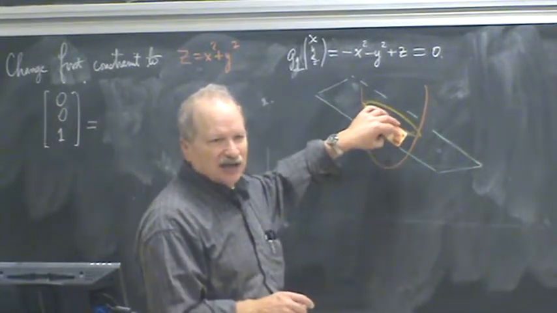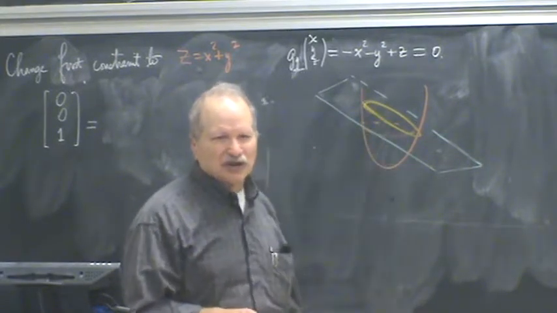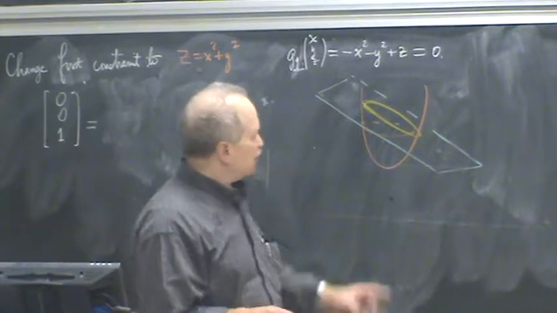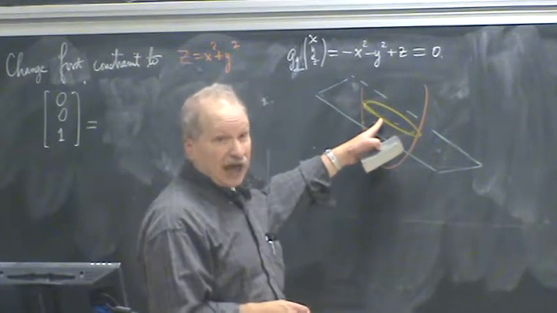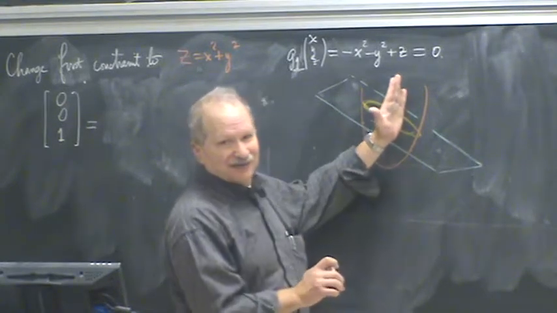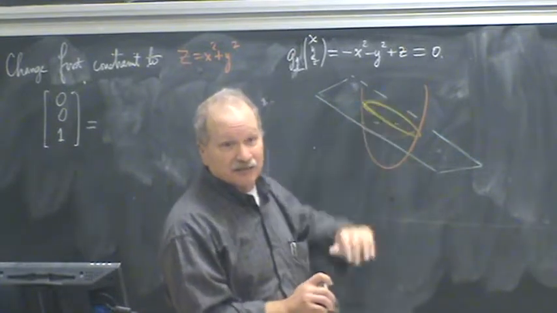You'll learn how to do that in the last chapter of the book. And it clearly is not going to be a hyperbola or a parabola because it's going to be a compact set. But if you tilted the plane enough, that wouldn't be true. So it really depends on how the plane's tilted.